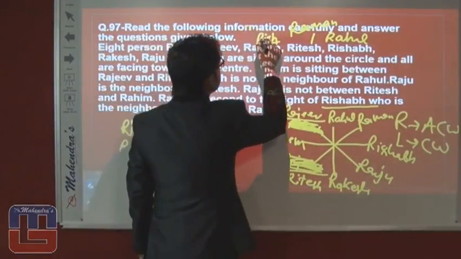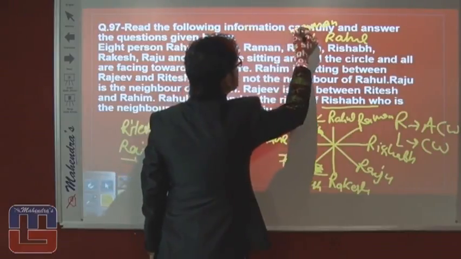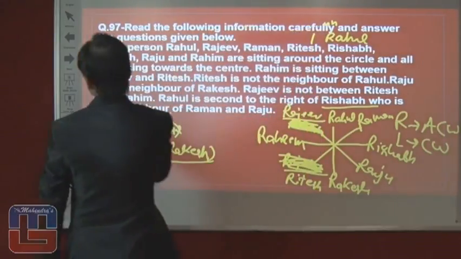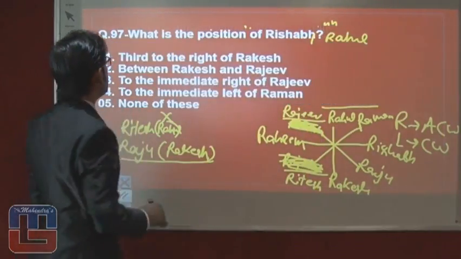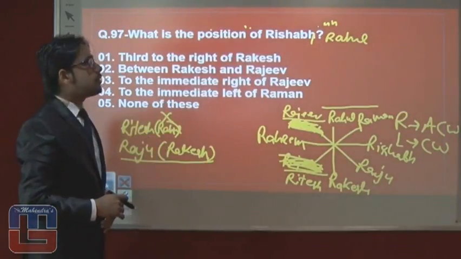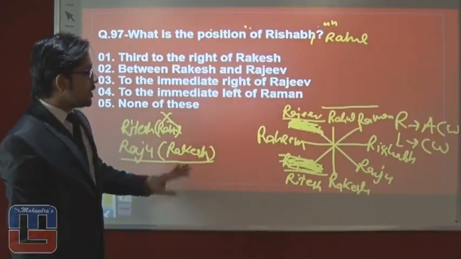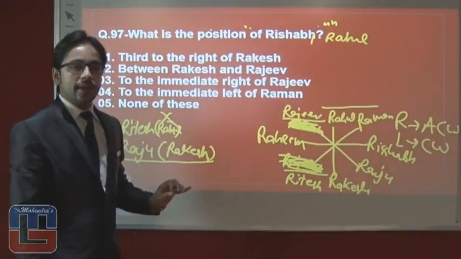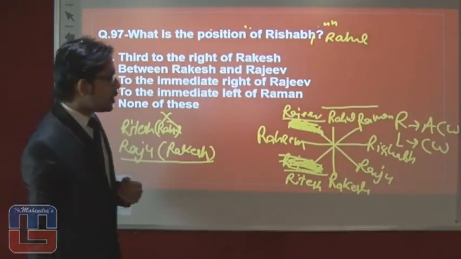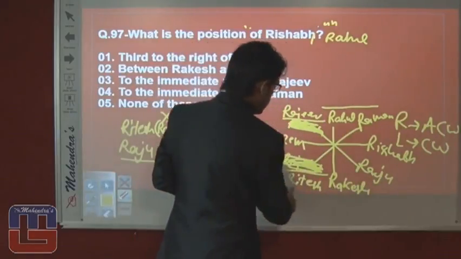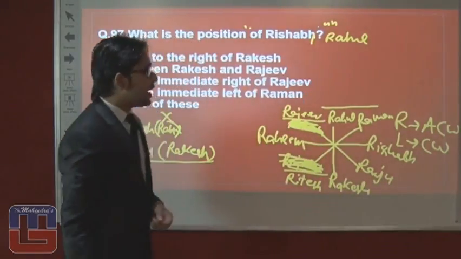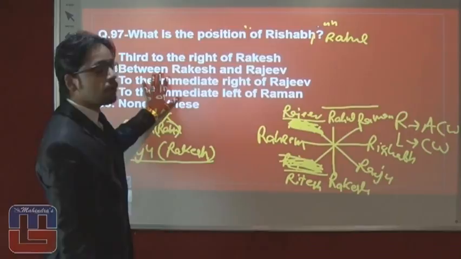Now you can see what the examiner is trying to ask. First question, the examiner wants to know the position of Rishabh. Is Rishabh sitting third to the right of Rakesh or not? Rishabh is sitting third to the right of Ritesh, not Rakesh.